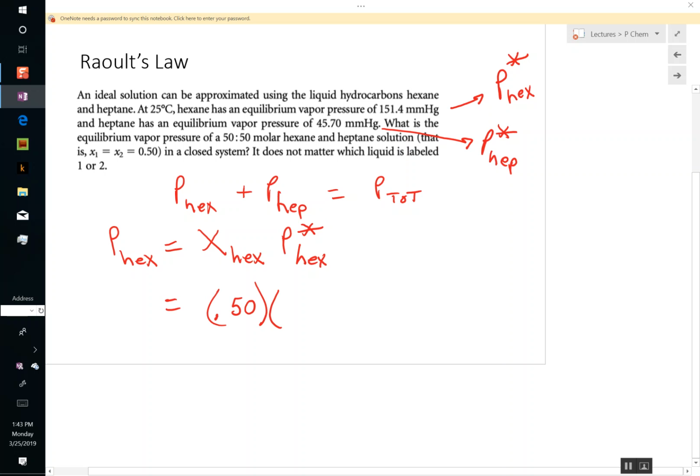And the equilibrium vapor pressure of hexane? 151.4 millimeters of mercury. And what's that? 75.7.